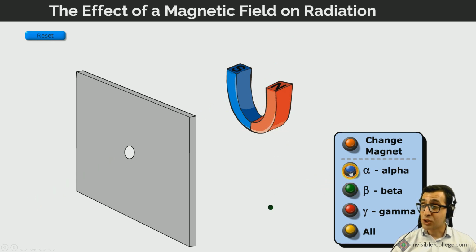Because of the opposite charges, the alpha particles and the beta particles will experience a force in the opposite direction as they pass through the same magnetic field. Gamma rays, on the other hand, are not deflected at all because they are not charged, and therefore they don't experience any kind of force which will deflect them through a magnetic field. And so here we can see the various effects that magnetic fields will have on these three types of nuclear radiation.